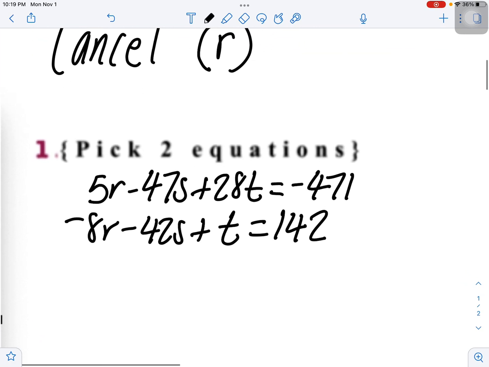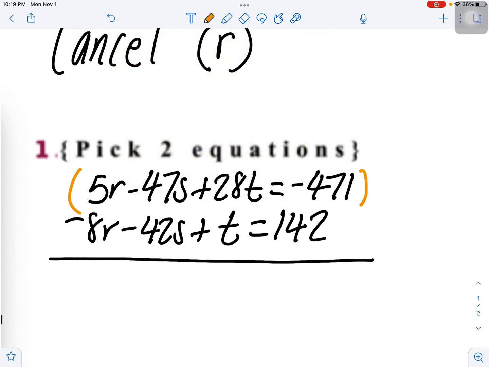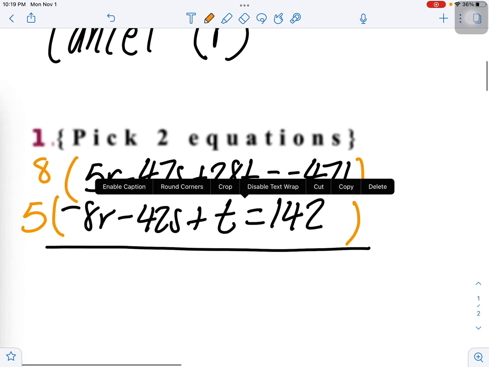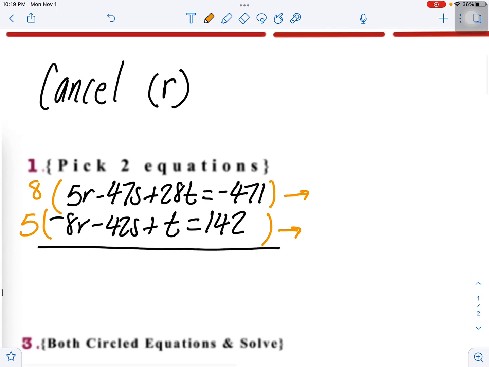All right. So in order for me to be able to cancel r, what I'm going to do is multiply top and bottom. Top by 8, bottom by 5, right? Because they're already one positive, one negative, so no need to multiply by any negative numbers. Right?